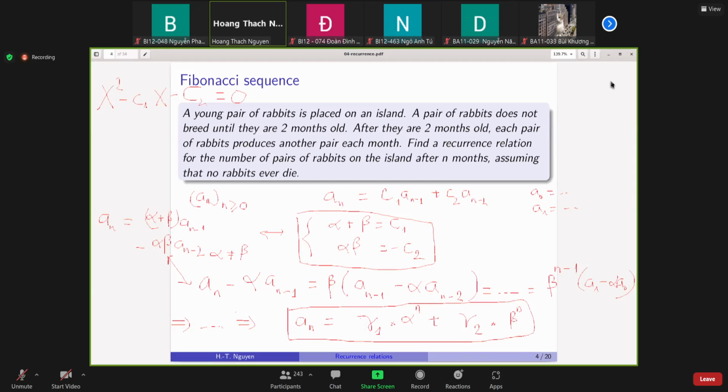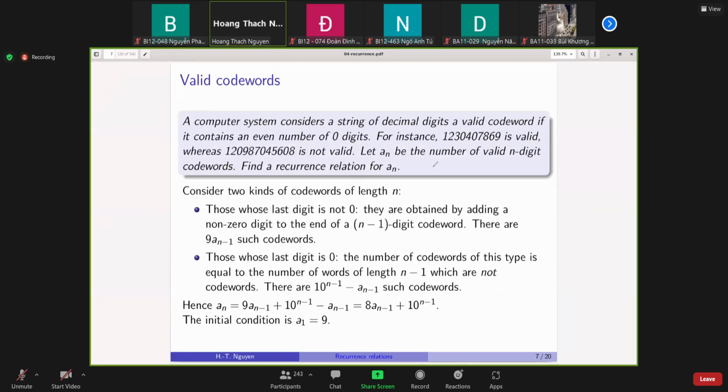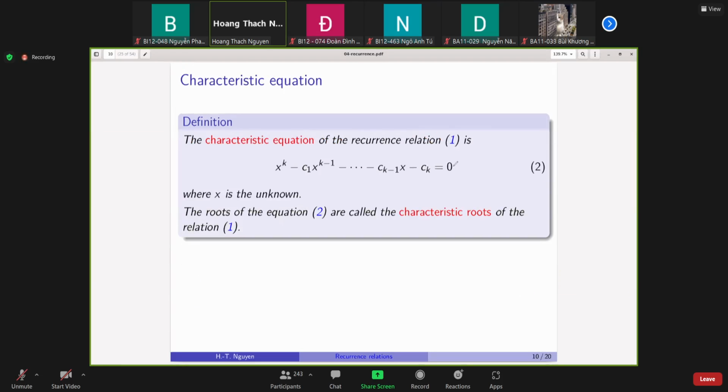So if you are not sure how to solve the general recurrence relation, then just remember this method to solve the second degree homogeneous linear recurrence relation. I will give you the general method here. Do not worry, you don't need to remember all these results by heart. If you remember, then it's good. It's not difficult.